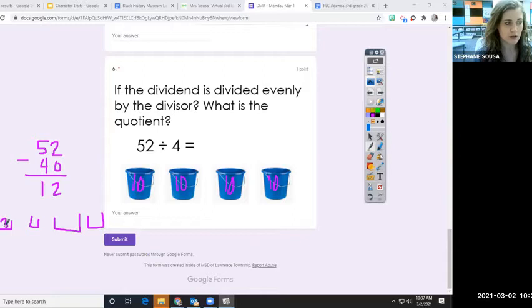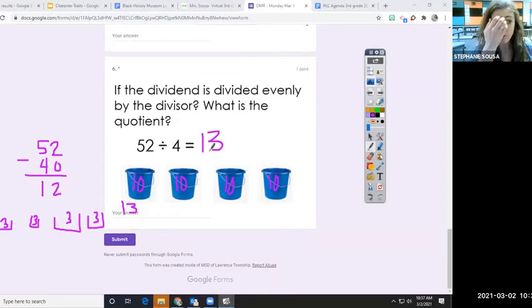So 3 in that bucket, 3 in that bucket, 3 in that bucket, 3 in that bucket. So there are 10 plus 3 in each bucket. That is 13 items. So your quotient is 13.